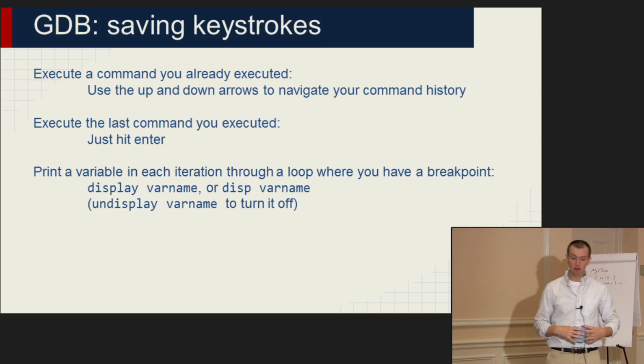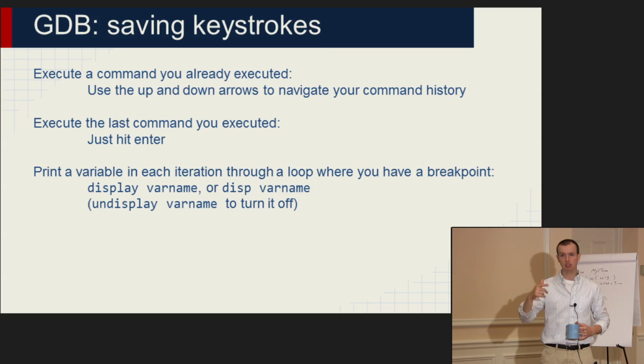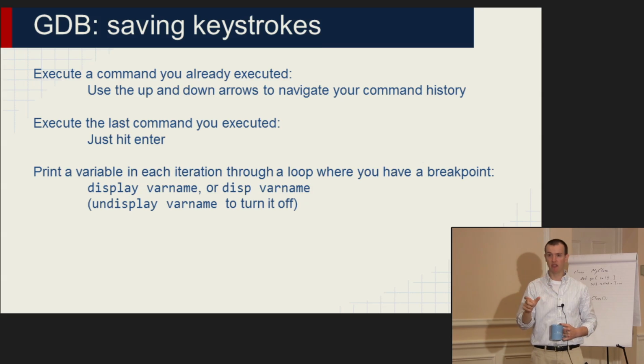If you have a variable in a loop, and you have a breakpoint in that loop, then you can continue through the loop and come back to your breakpoint. If you want to see that variable through each iteration of the loop, you can display the variable.